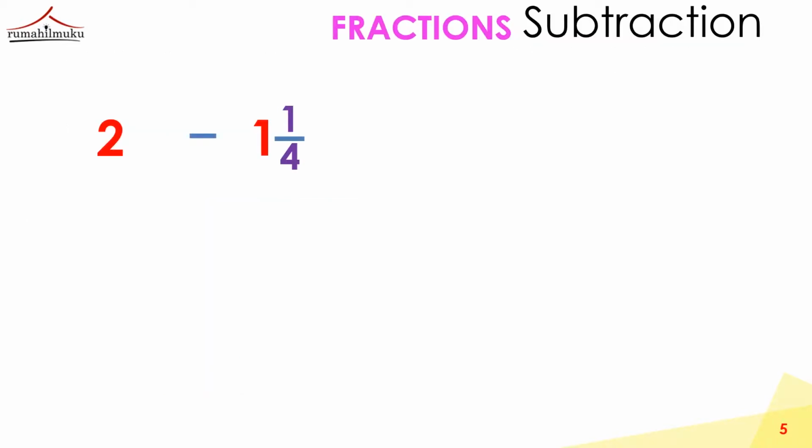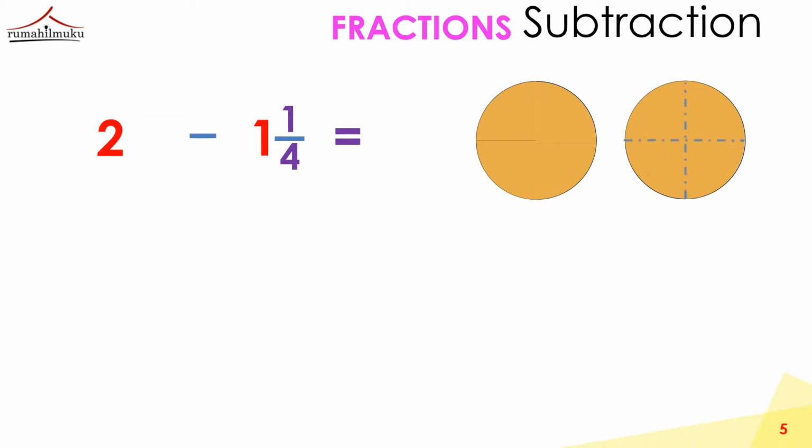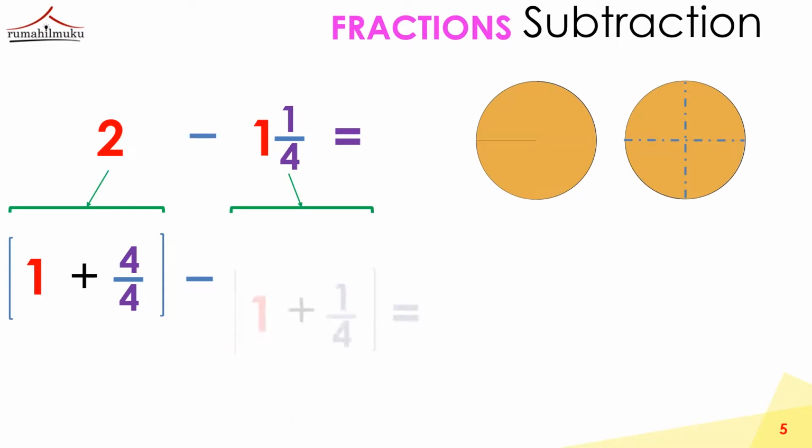Now let's try subtractions. Let's say we have 2 wholes minus 1 whole and 1/4. Let's make a model consisting of 2 circles. One of those circles, we're going to leave as a whole, and the other circle, we're going to divide into 4 parts. So 2 wholes can be said as 1 whole plus 4/4, minus 1 whole and 1/4, which can be said as 1 whole plus 1/4.